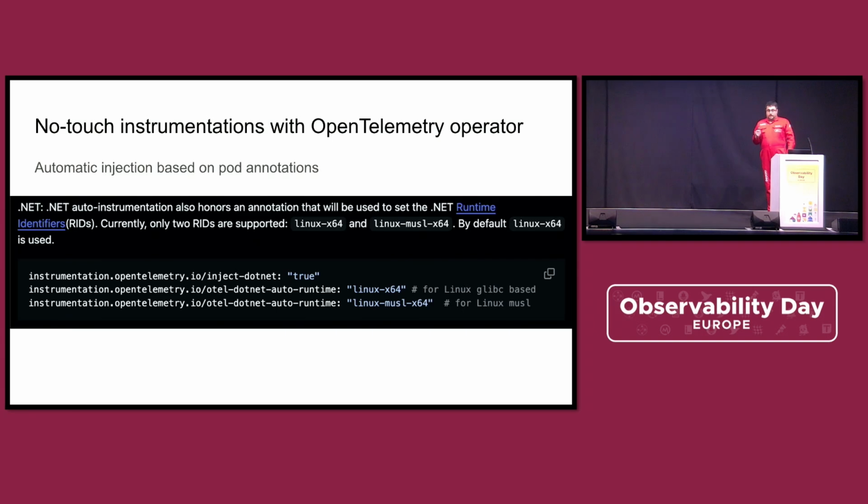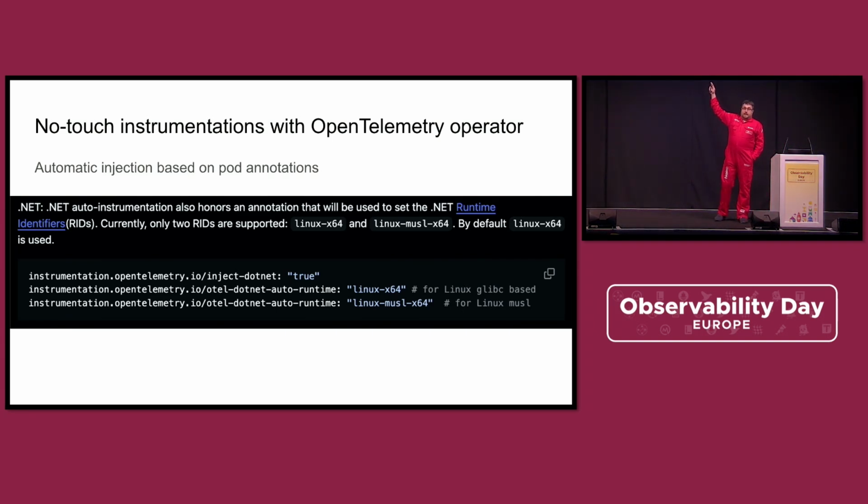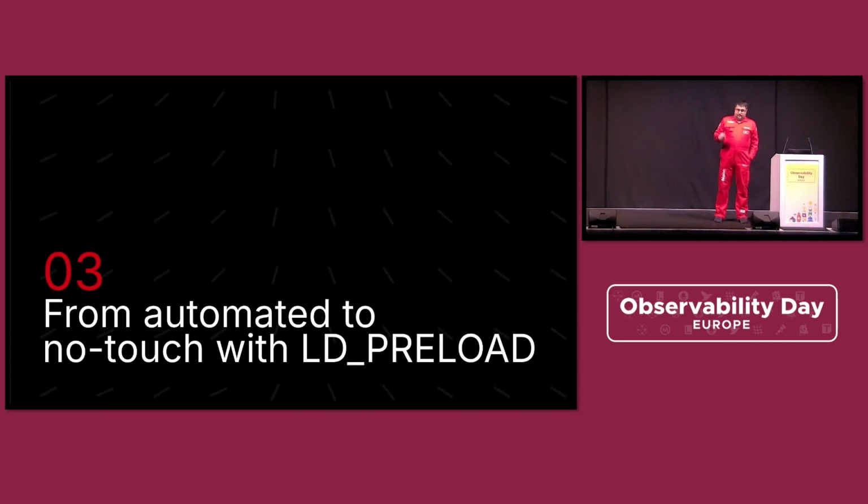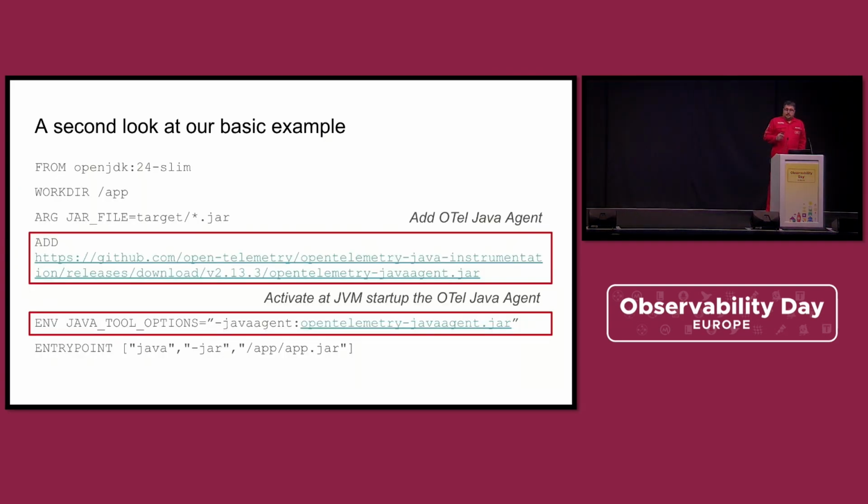Now, how do we go from a situation where you need to tell the operator, please add that instrumentation in that flavor, to just saying the operator just does everything automatically? That is mixing LD_PRELOAD in the mix. Let's have again a look at the way that we were adding the OpenTelemetry Java agent into our container. We did 2 steps. One, we added the instrumentation as a file.